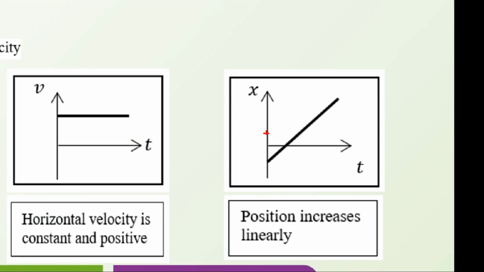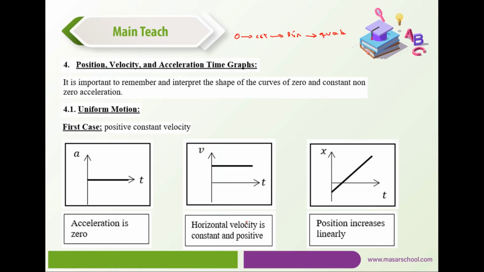Notice that an increasing straight line might be represented like that, or like that, or like that, but the more general case is to start from a negative position. Now here let me write that this is 0, this is constant, and this is linear.